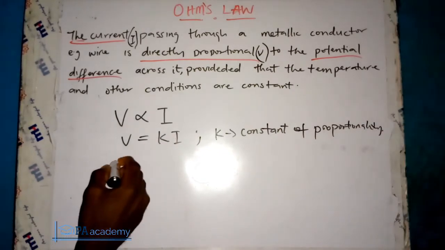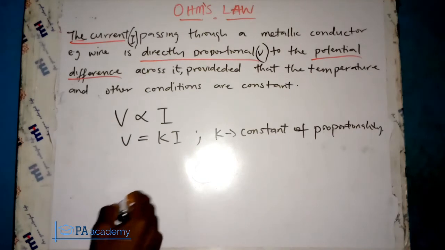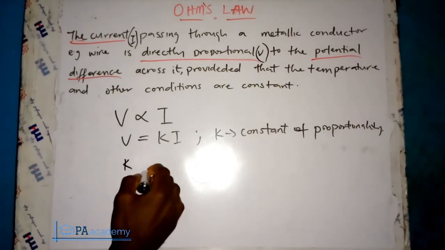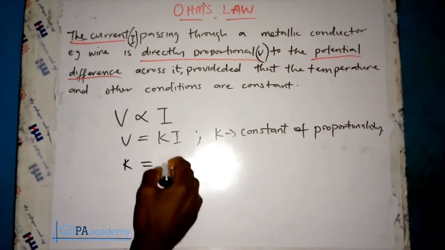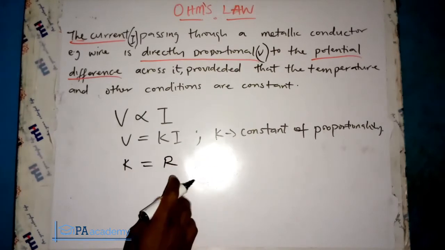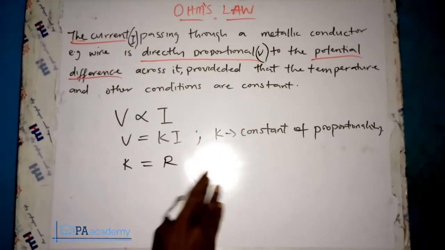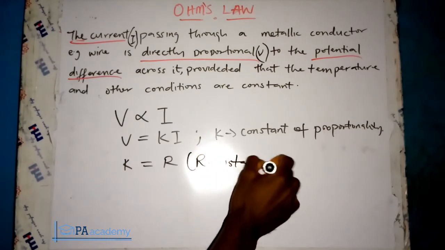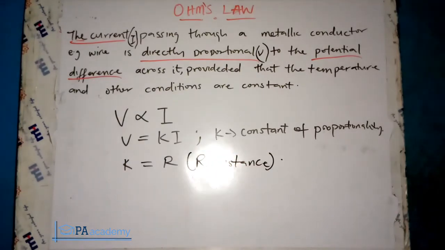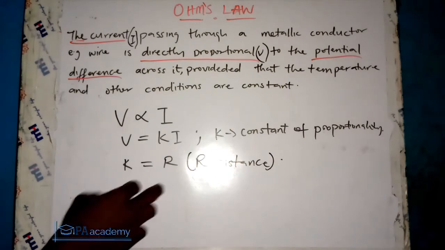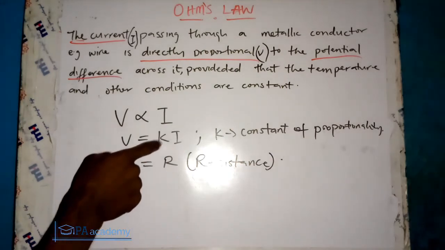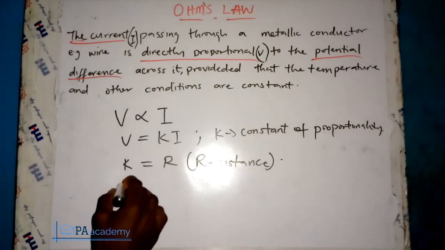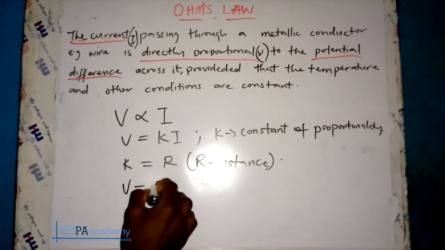Now this is our K. So we can have our K equal to R, which is resistance. So now if we replace this K with this R, we'll have V is equal to RI.